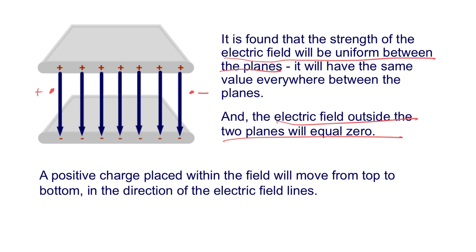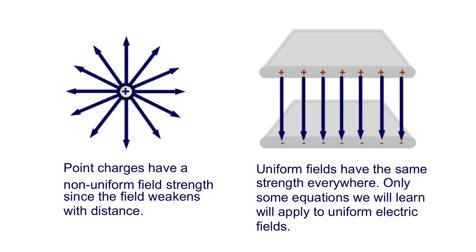Same thing. Okay, this is just reinforcing that around a point charge, you have a non-uniform field. The E decreases as you get away from the charge, but in between two plates, the E stays constant.